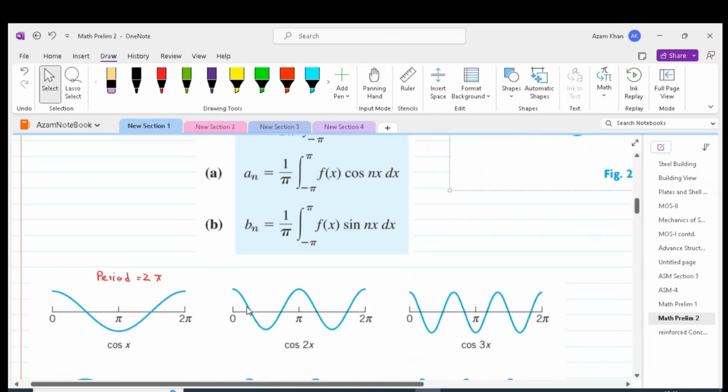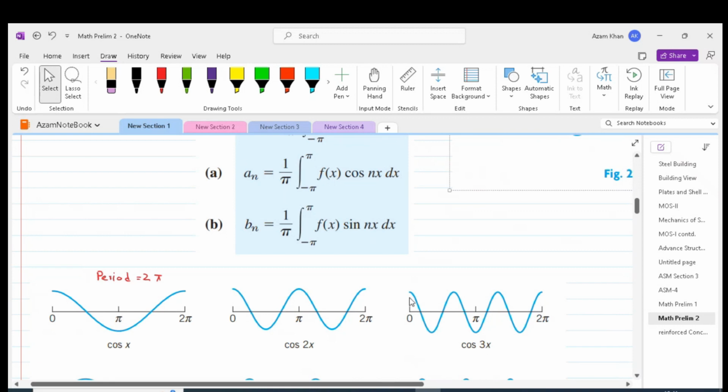Just to remind ourselves, cos x has a shape which looks like this one. This is a full cycle of cosine x. In the case of cos 2x, we have two cycles of cosine within the period 0 to 2 pi.